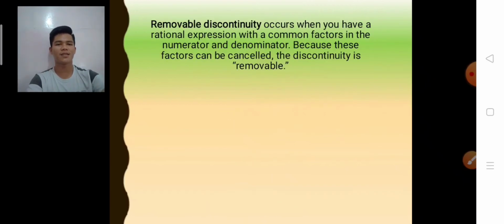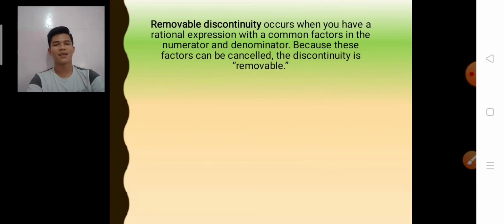Next, the removable discontinuity. A removable discontinuity occurs when you have rational expressions with common factors in the numerator and denominator. Because these factors can be cancelled, the discontinuity is removable. So if you have common factors in the numerator and denominator, we can cancel the common factor.